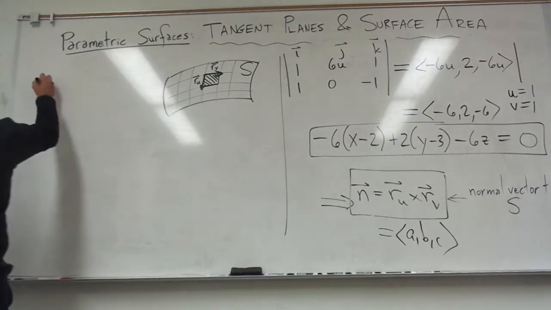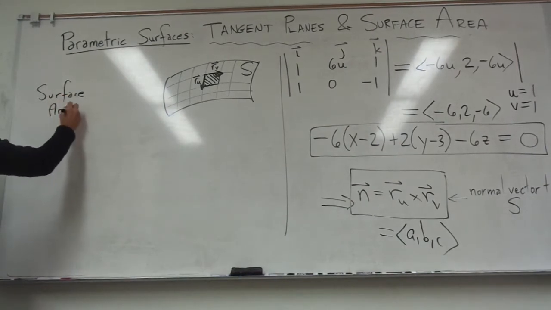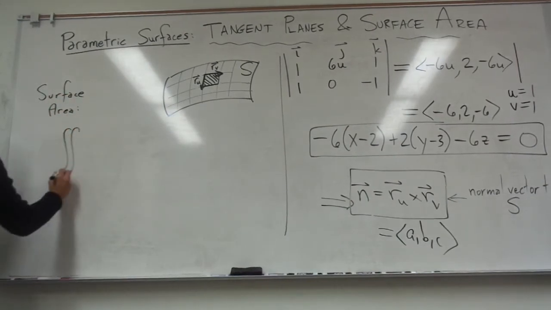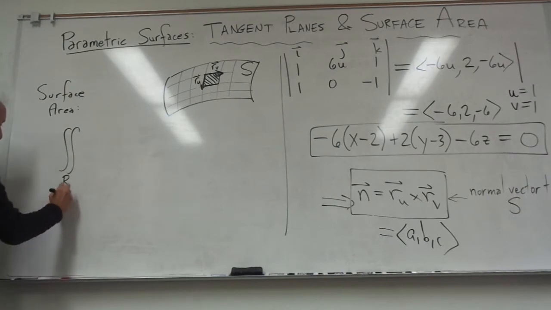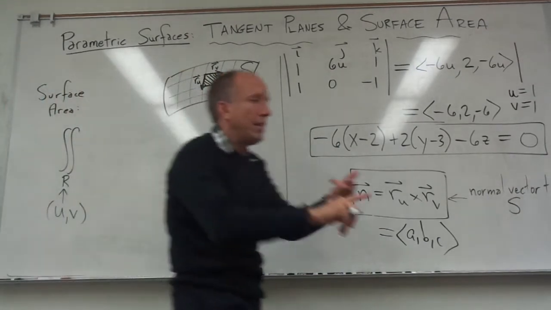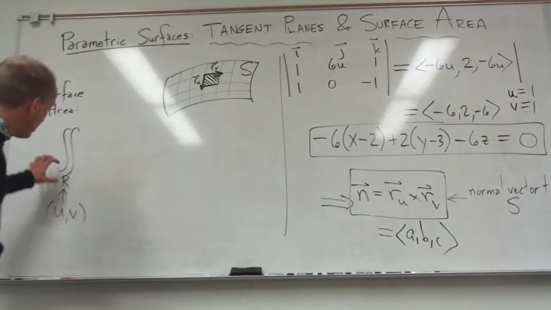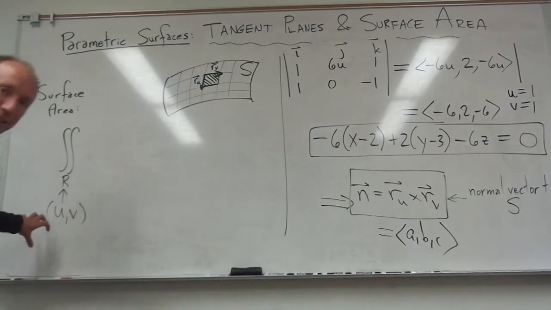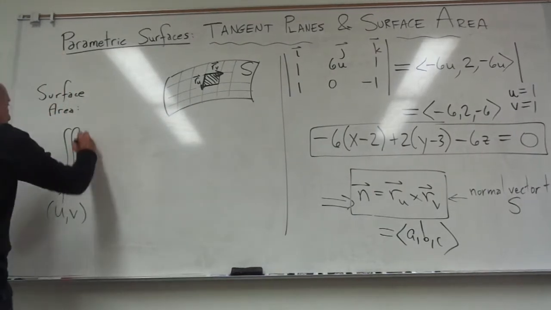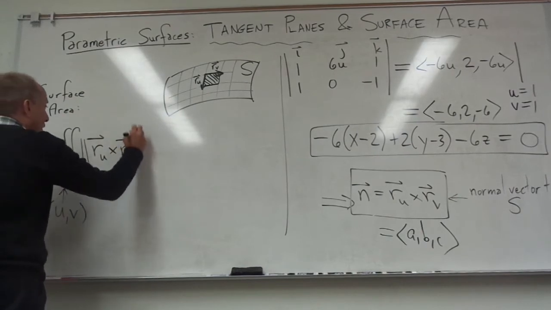So what's the formula for the surface area? Well, it's pretty simple. It's simply a double integral over the region. Now this region will be some UV domain, or that could be phi theta, or it could be r and theta, whatever the parameters are. This is the parameter domain that you're integrating over right here. And then all you're going to do is take the magnitude of the cross product.